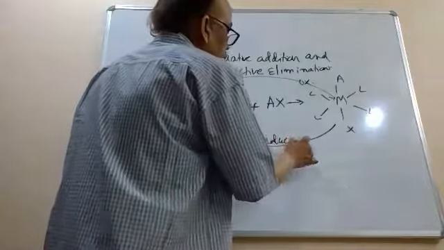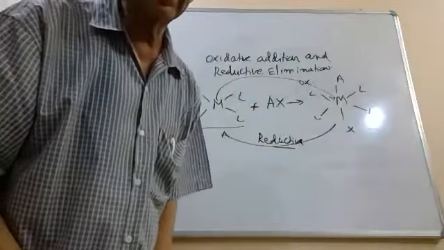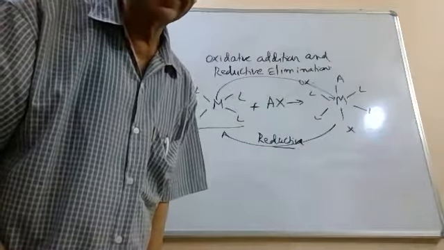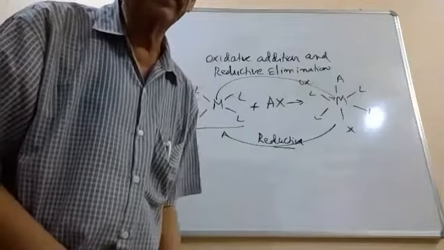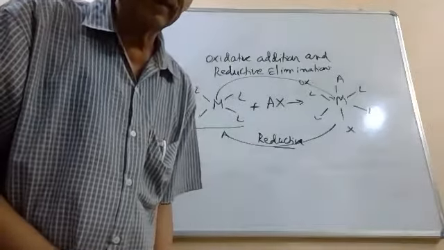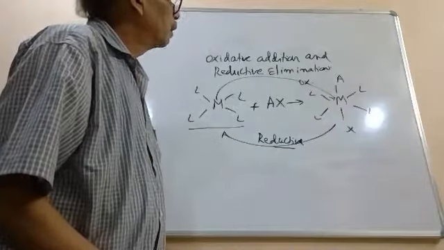So reductive elimination and oxidative additions are also an important class of homogeneously catalyzed chemical processes. Am I clear here, folks? Wait, so I guess the A-X is acting as a nucleophile. Right.